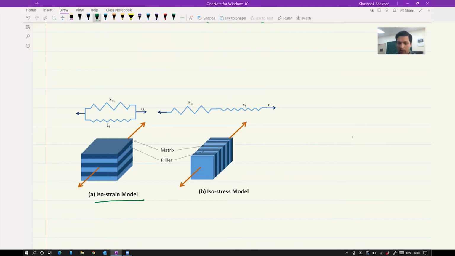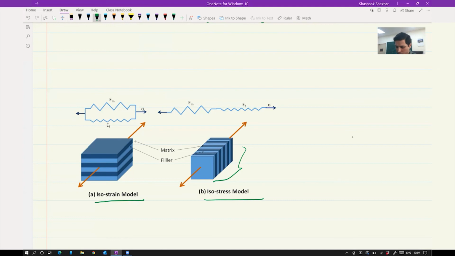But in this case, when you apply a stress, it is the same throughout from here to here. Therefore the stress applied to the matrix and the reinforcement is the same, and it is termed as the iso-stress model. It can also be represented like this, where this spring represents the matrix and this spring represents the reinforcement.